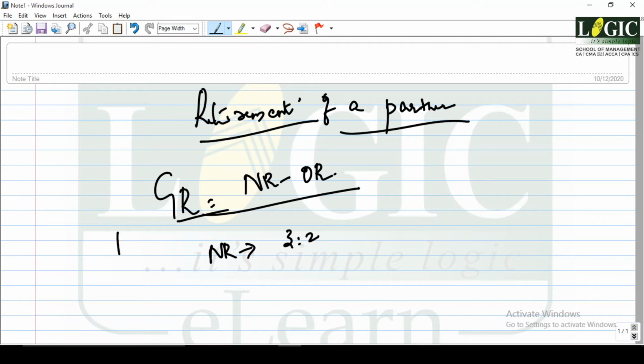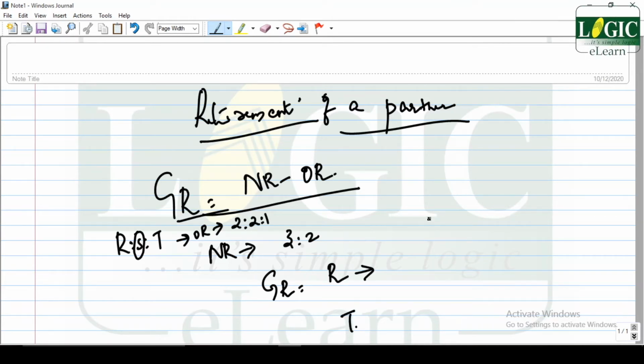Now, who were the partners? Rajendra is to Satish is to Tejpal. Satish retires. Old ratio, how much is the old ratio? 2:2:1. So, who will have gain? Gain will be there for R and for T, not for S, because S retires.